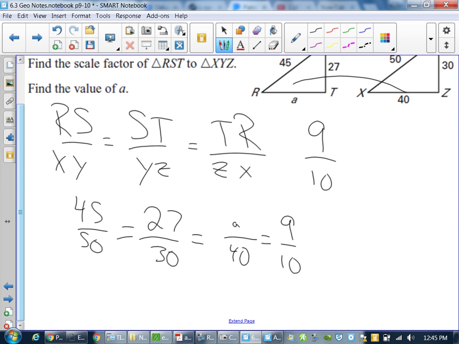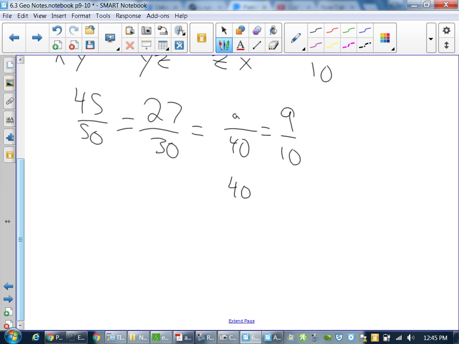Or 10 times what is 40? What's 9 times 4? 36. You still get 36. There's your missing side.